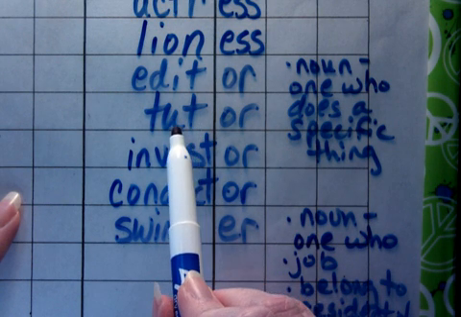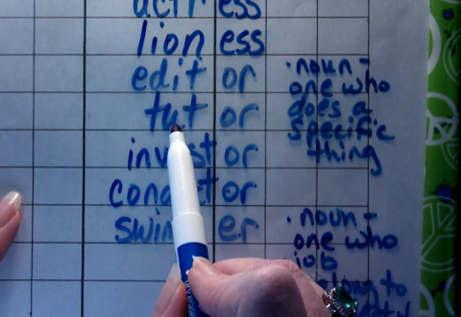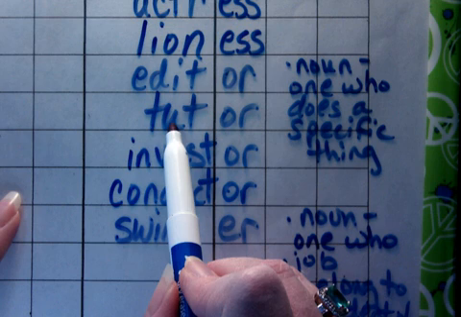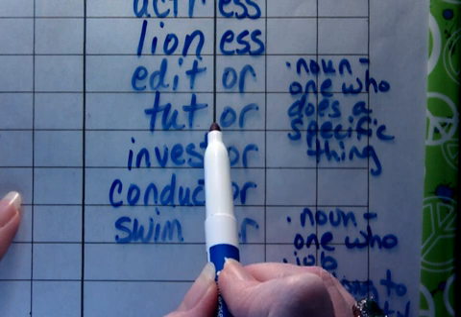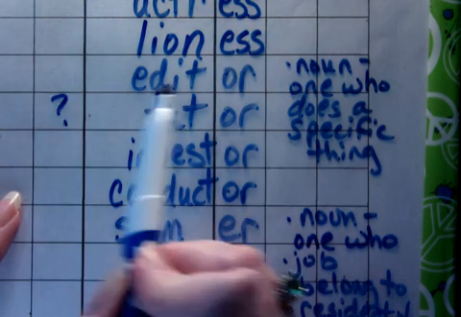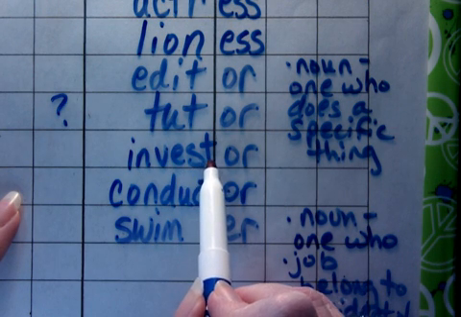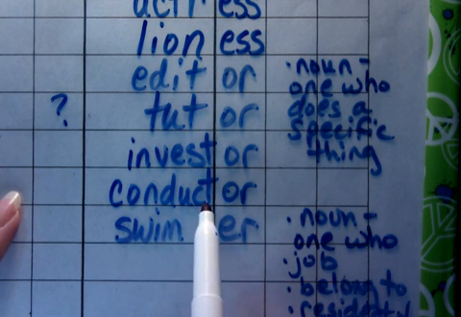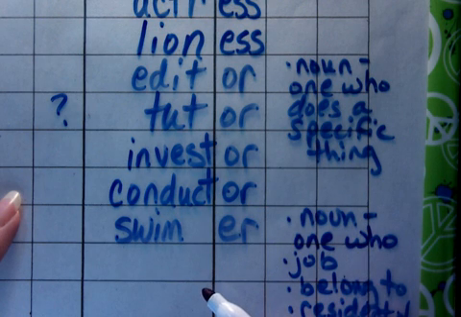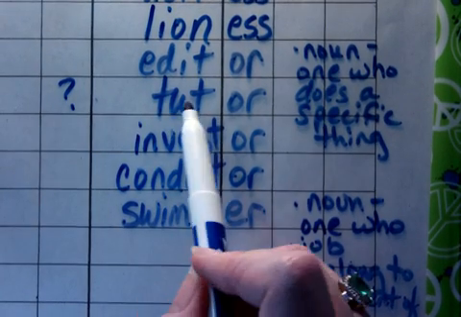Tutor, single vowel, the vowel is short, one consonant at the end, starts with an O. I'm not sure why that one. Investor, two-syllable word, and there's a blend, so that's already no. That's a two-syllable base word and a blend at the end, so that's not one. So tutor's the only one I'm not sure about.